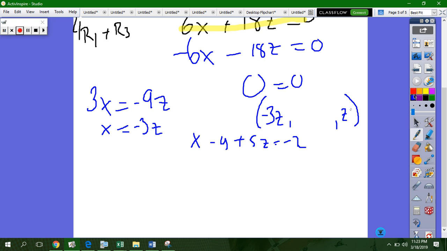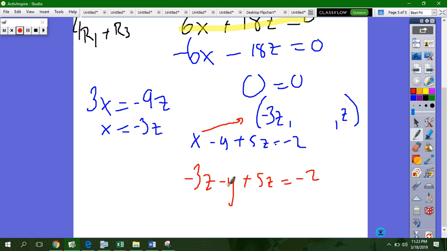So what we're going to do is, what does x equal? Well, x equals -3z, sorry about that. So I have -3z minus y plus 5z. Now notice, I only have one equation with 2 unknowns, which is okay because I'm going to figure out what y is so I can put it into the system.